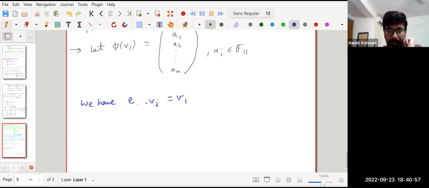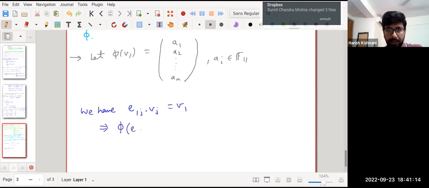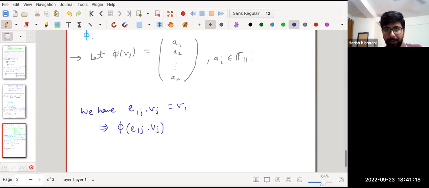So now you have assumed some value of phi of v1. So what does this imply? This will imply that phi of e1 comma j dot vj is phi of v1.